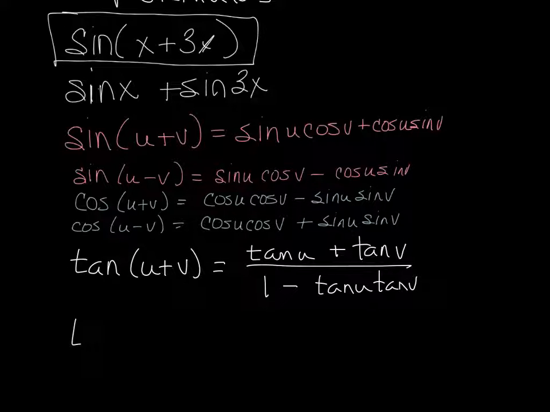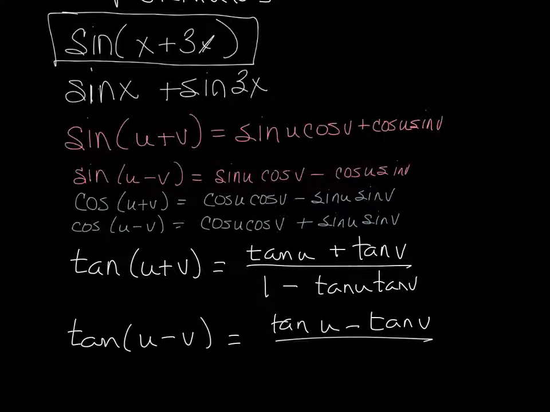And then you might be seeing some patterns here as far as the pluses and the minuses. This would be the tangent of u minus the tangent of v over 1 plus the product, tangent u, tangent v.